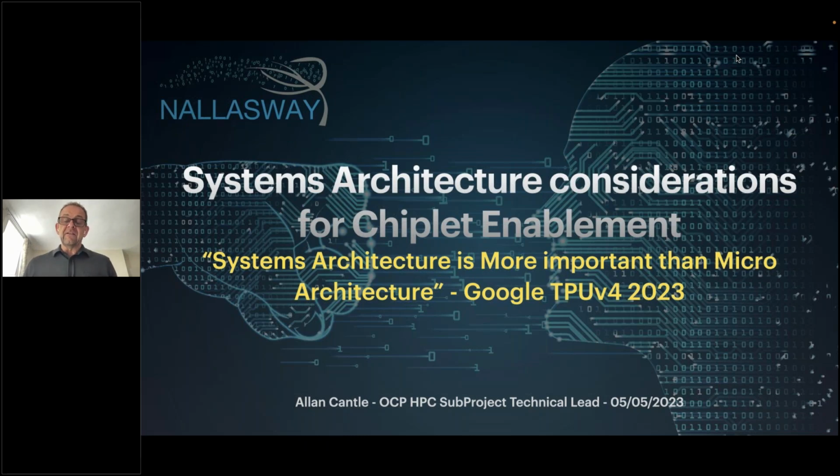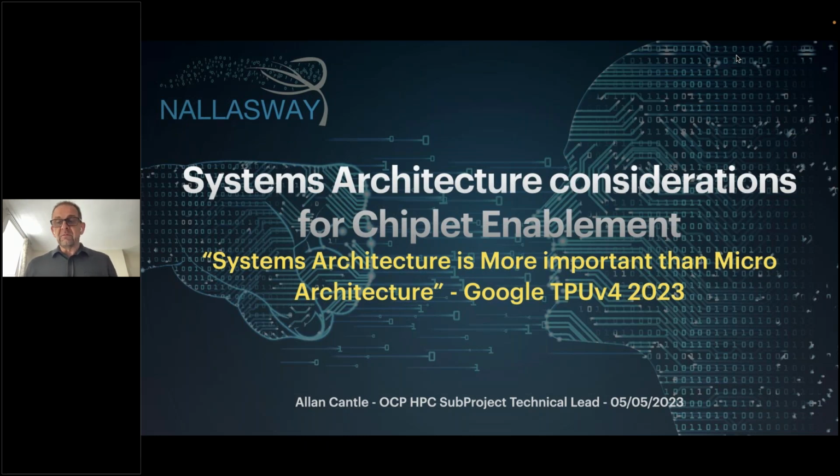And if you look at what they've done with the TPU v4, you can absolutely see that. Also, if you take a close look at what the likes of NVIDIA are up to with their Grace Hopper modules, you can see that they are taking more and more systems directions, improving their system architecture. The only problem is all of that is being done in a proprietary fashion, whereas we want to do it here in OCP in more of an open fashion.